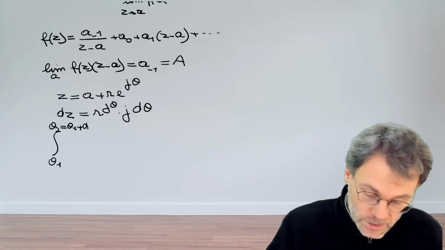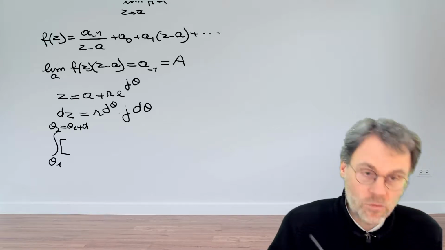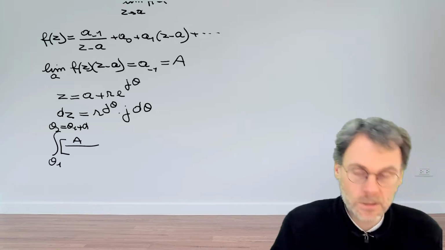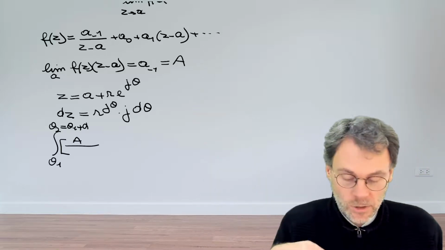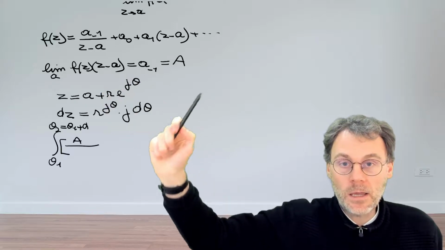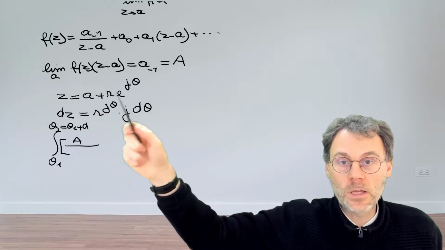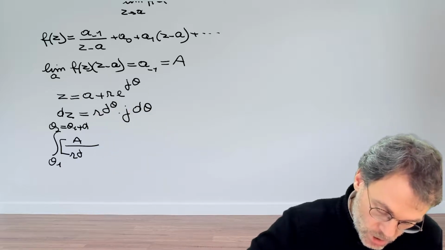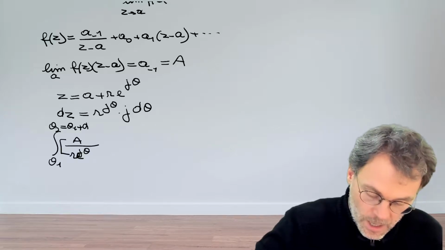And then we have f of z. So for f of z, we can write that this is equal to a1, which is capital A, that's what we calculated upstairs here, and then we divide by z minus a, which in the parameterization just becomes r exponential j theta.